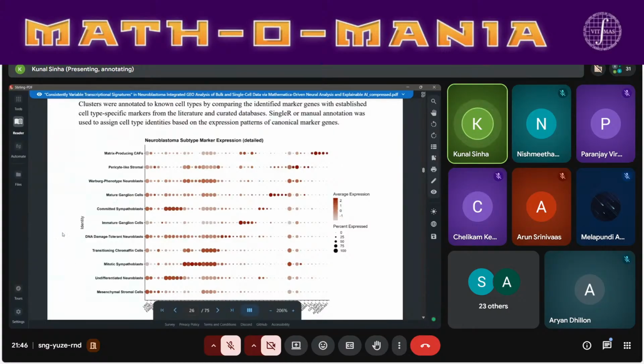So this is DNA damage tolerant neuroblast. These kinds of cells might at some point have been exposed to some kind of radiation that might have damaged the DNA, but they were able to recover from that, and it's very hard to damage the DNA in these cells, or they're in a quasi immunity to cancer, like semi immune to cancer in a way.